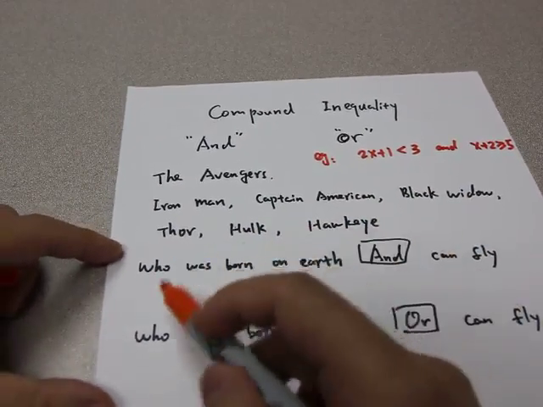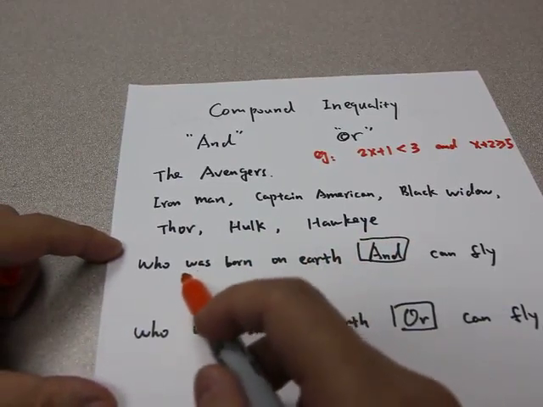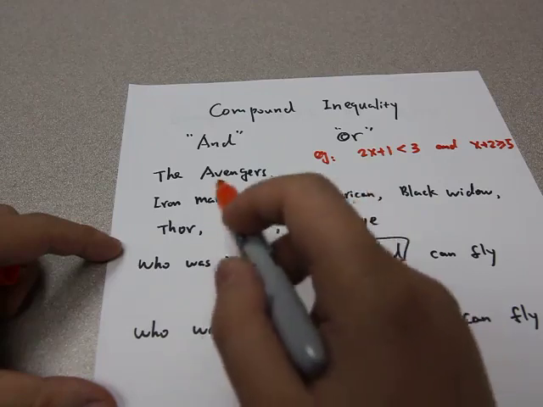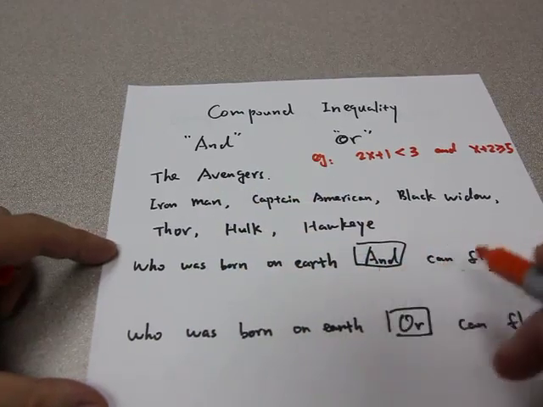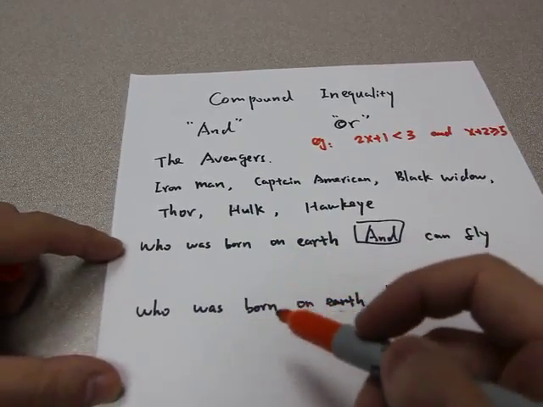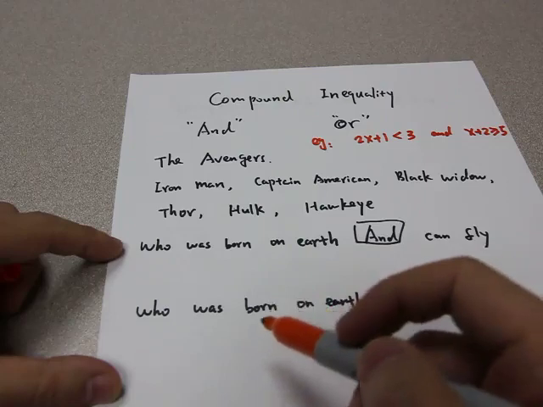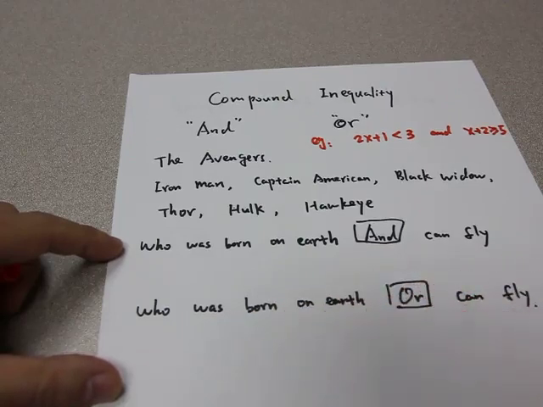Here we're given two statements. The first is we want to choose the members from the Avengers who were born on Earth and can fly. The second statement is we are choosing the members who were born on Earth or can fly.